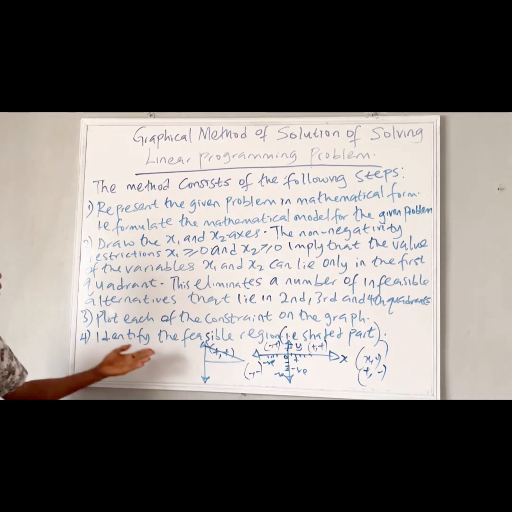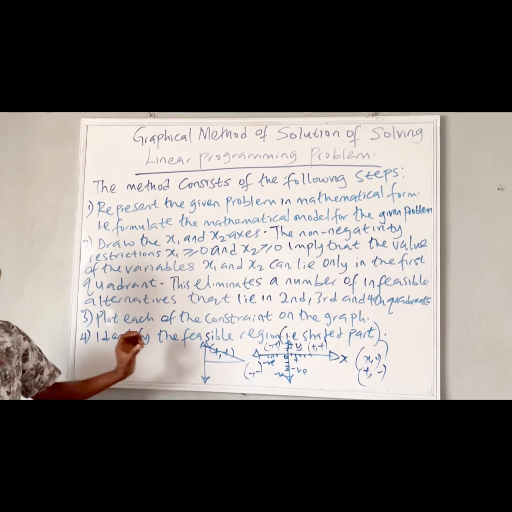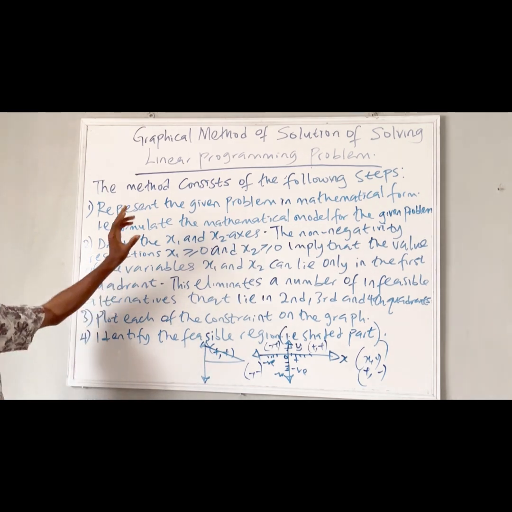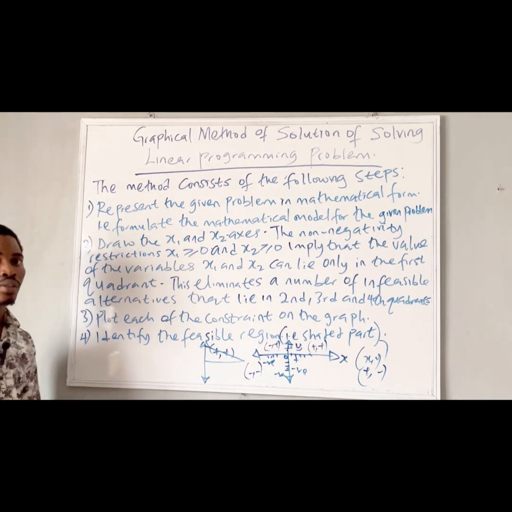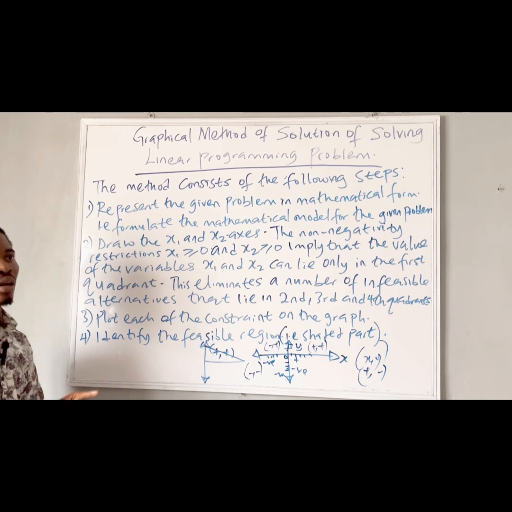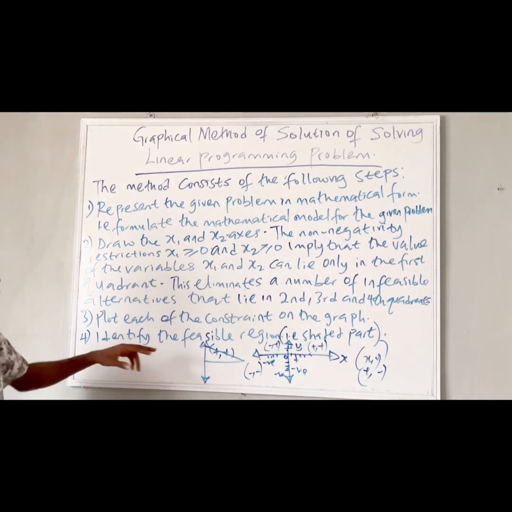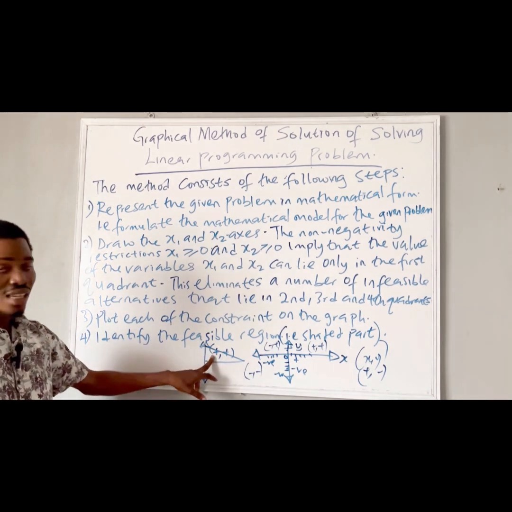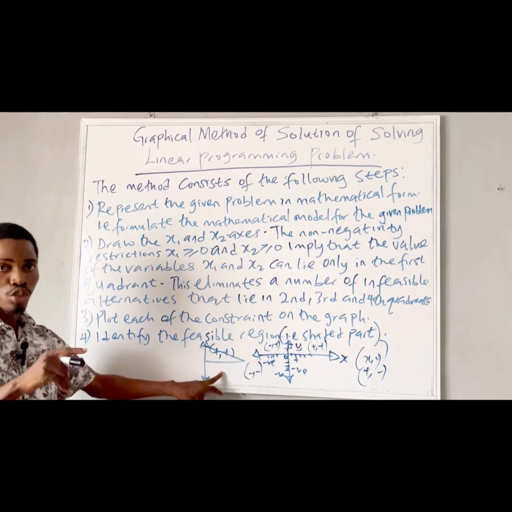When plotting a linear programming problem on a graph, we are given less than or equal to and greater than or equal to inequality signs as constraints.